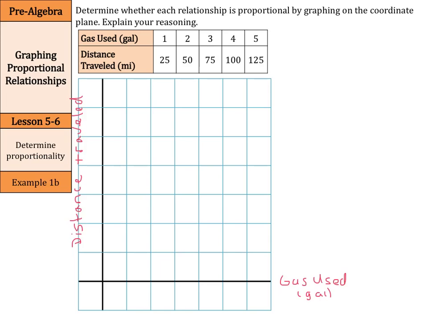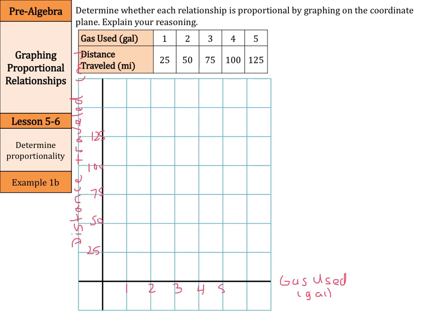For our gas, we can have 1, 2, 3, 4, 5 gallons. And our distance traveled here is in miles. Let's count up by 25. That should work here: 25, 50, 75, 100, 125.